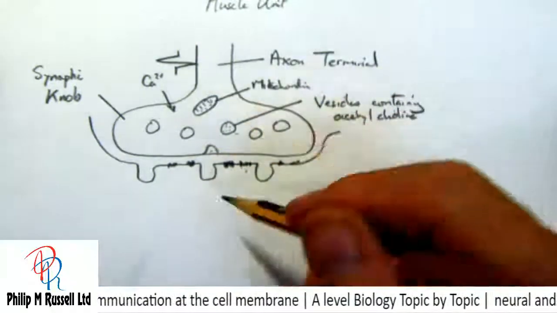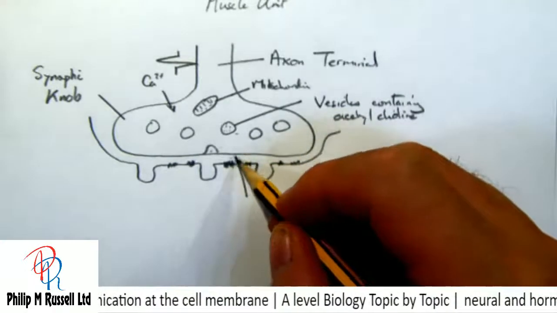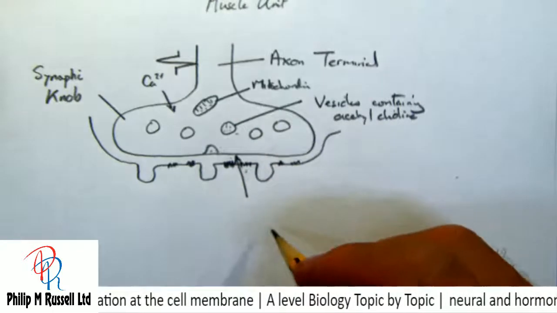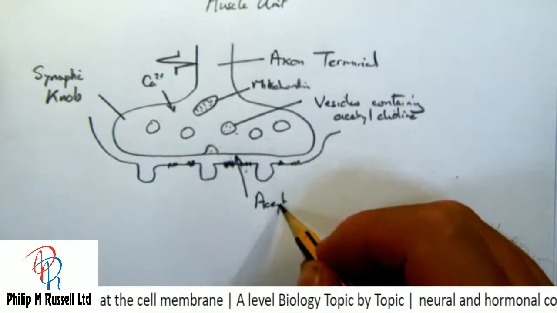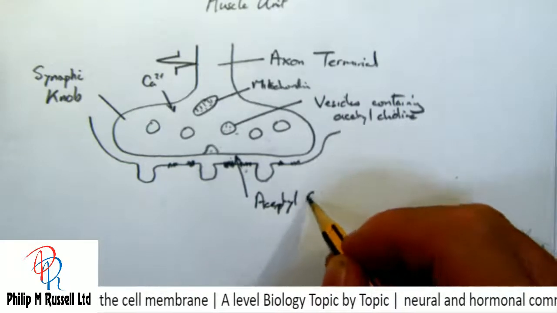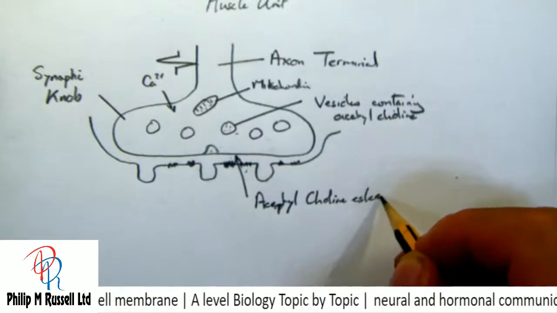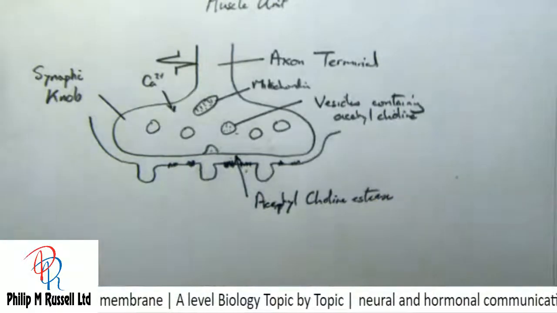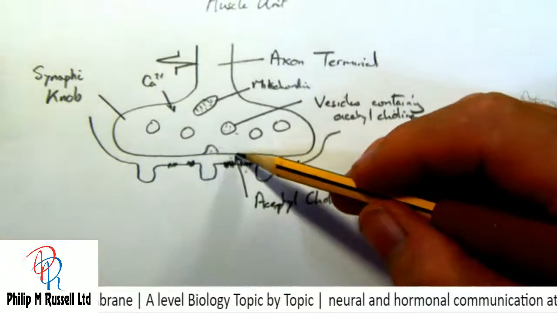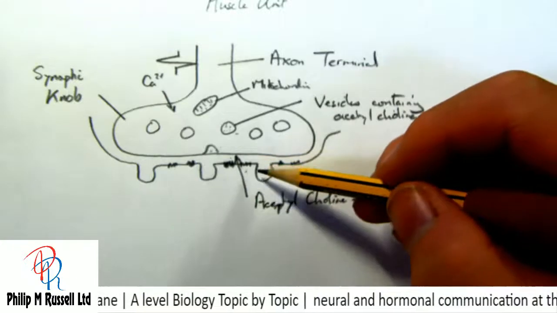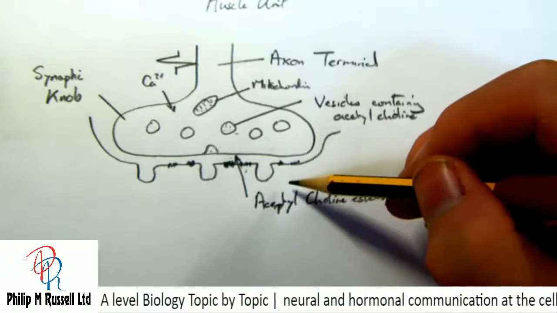The acetylcholine that's here will be broken down by an enzyme present in here, which is acetylcholinesterase, and that's going to turn acetylcholine into choline and ethanoic acid, which will prevent the muscle being overstimulated.